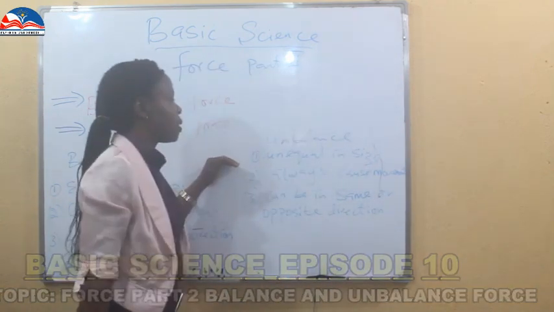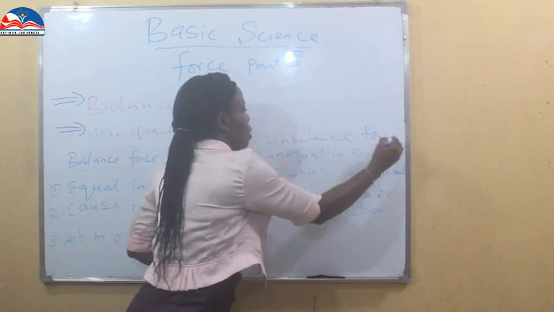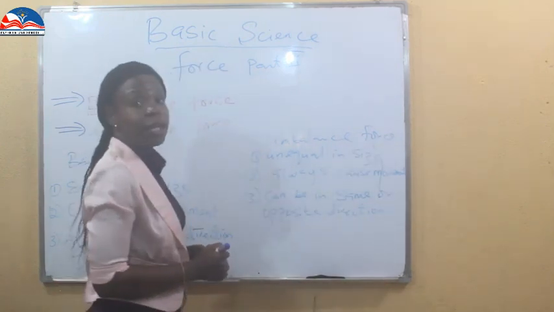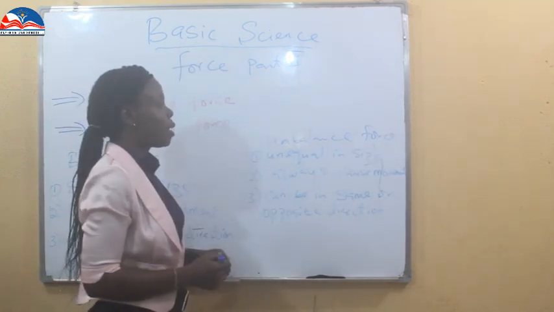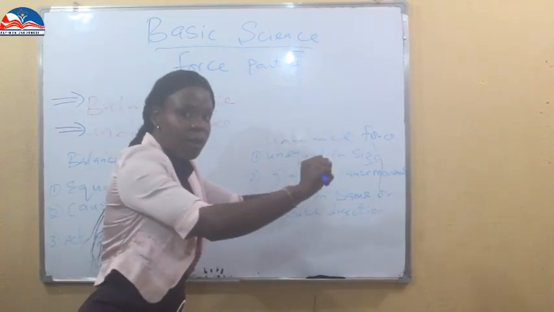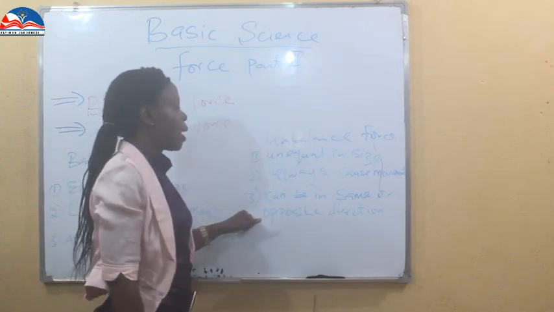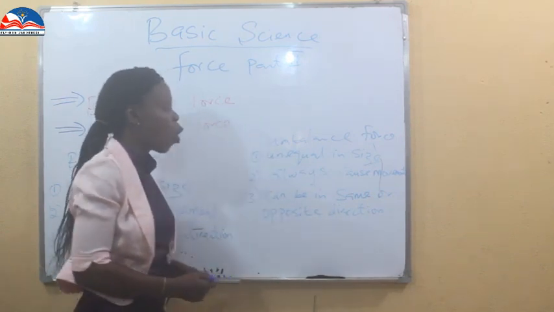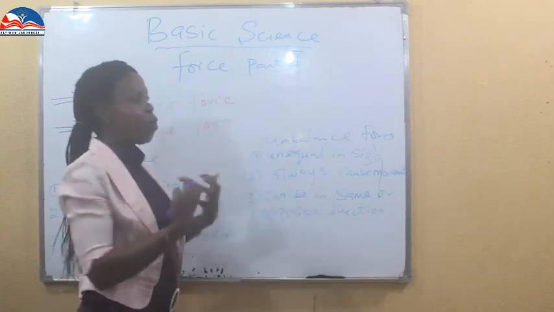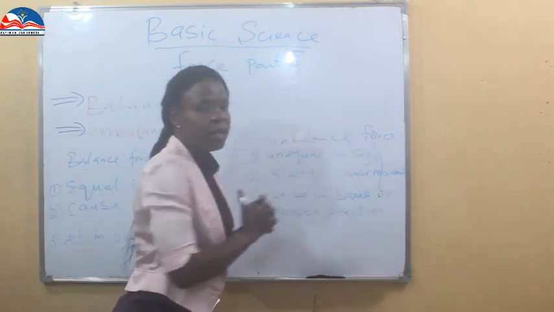But for unbalanced force: one, they are unequal in size. Two, they always cause movement because the push on one side is going to be heavier, and so it's pulled to that side. Then they can be in the same or opposite direction.